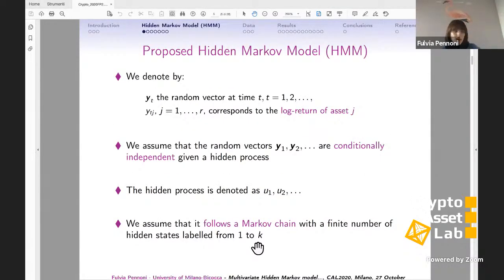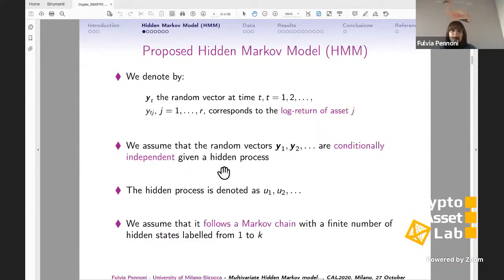Here I will introduce some notation. Let y_t be the random vector at time t, and let y_tj be the corresponding log return for asset j.